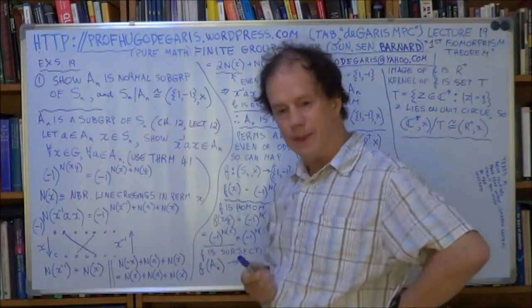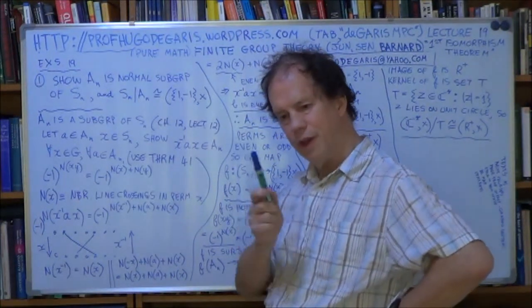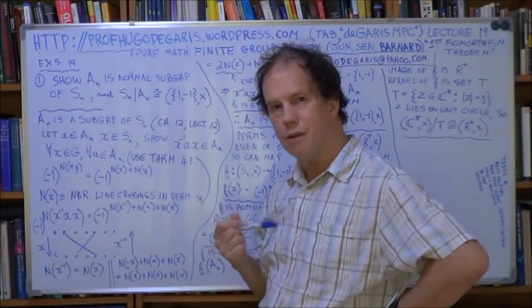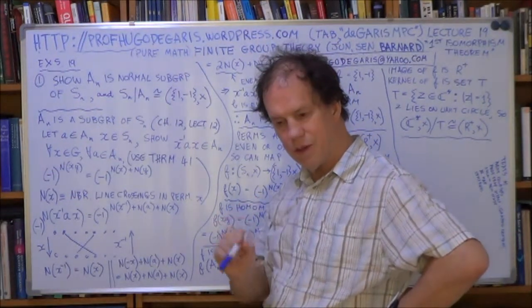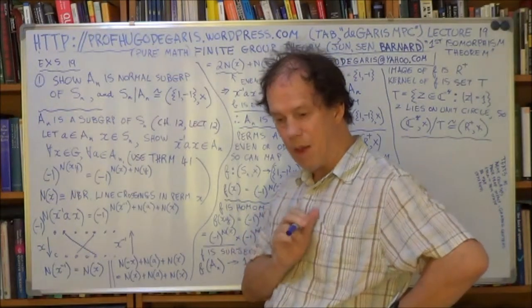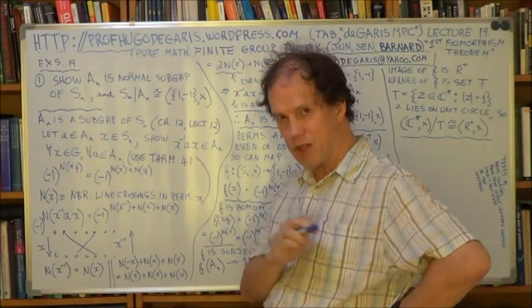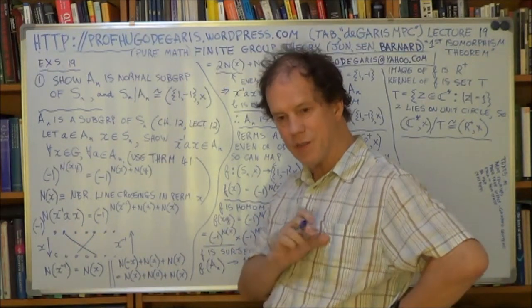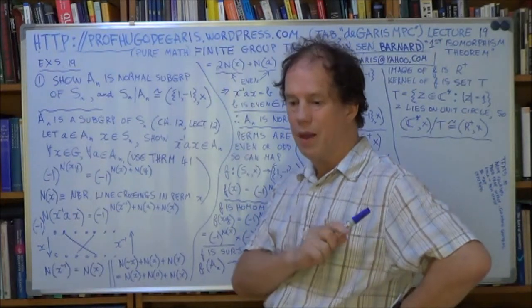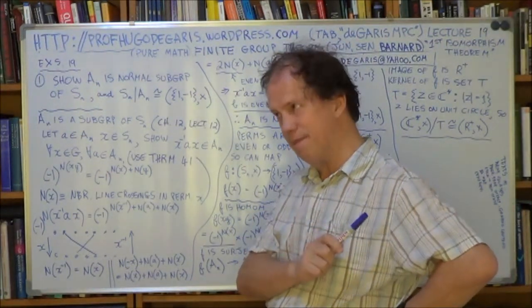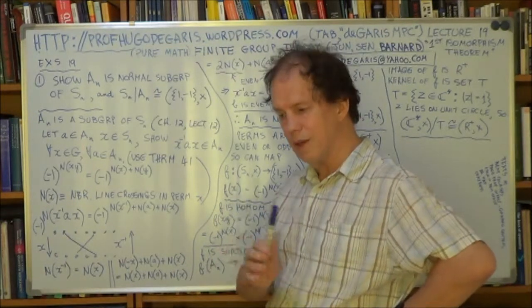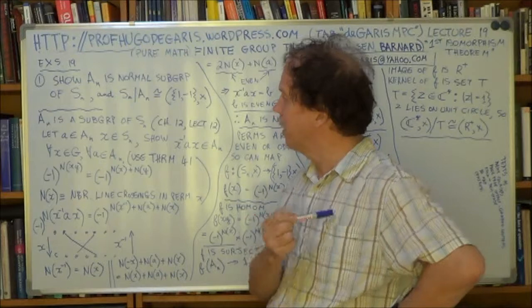Anyway, if a permutation has an even number of transpositions, then that permutation is said to be even. And if the permutation has an odd number of transpositions, that permutation is said to be odd. Permutations are either even or odd. In fact, they're equal numbers. We proved that, I think.